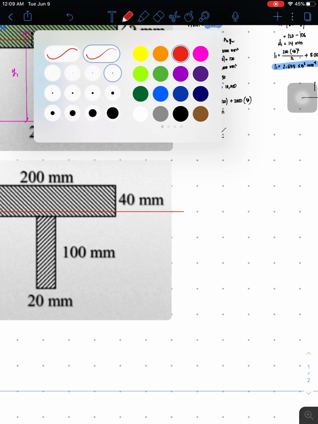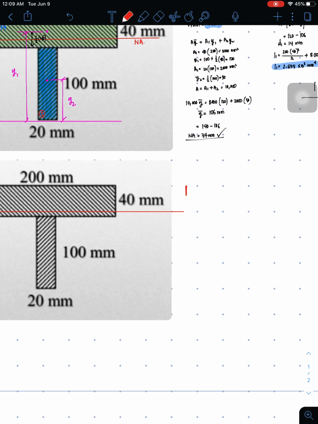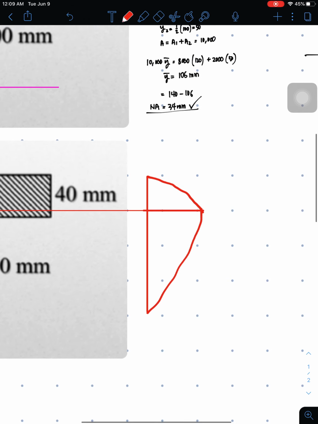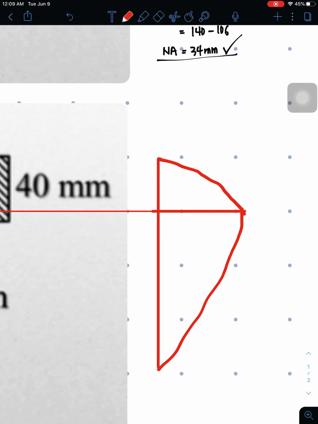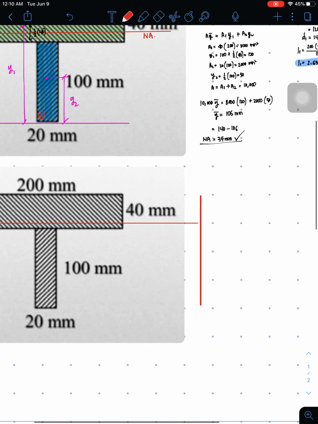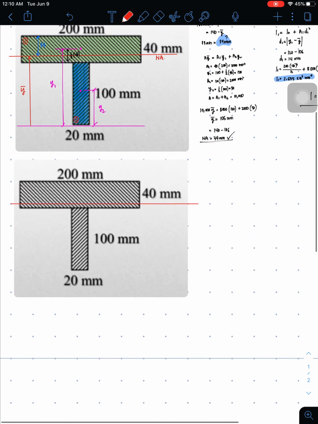And then of course, if we try to draw the stress diagram, it's going to be like this. Since this is the neutral axis, the stress would be like this. Something like that. But we cannot assume that here because this is a composite section.